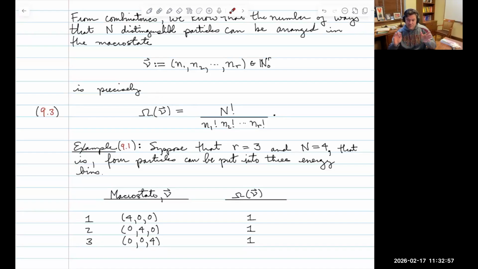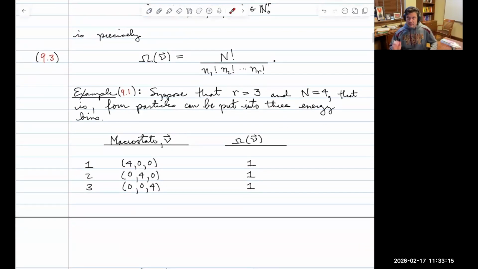It's the number of microscopic configurations that give rise to the same macro state. Okay, so let's give an example. Actually, what you need are the next example and the example after that put in tandem with each other to understand what's going on here.